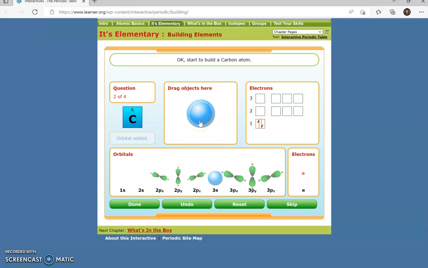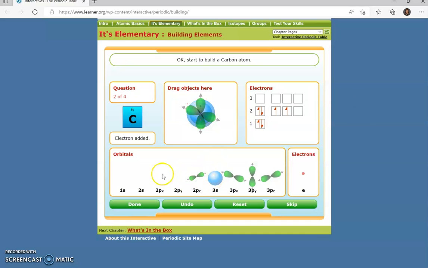This one is 2s, and this one can also fit 2 electrons. You're going to notice that all of the s orbitals can fit 2 electrons. Again, we're still only at 4 and we have to get to 6. So this is a p orbital. With the p orbitals, they can be orientated in one of 3 directions. There's your typical x and y, and then z is like that 3-dimensional representation.